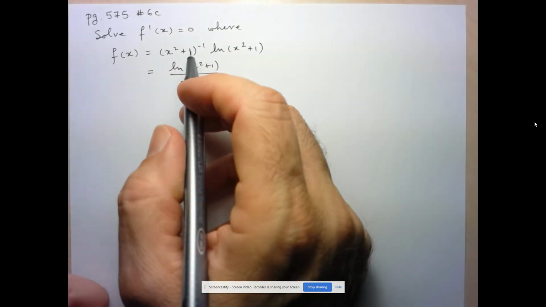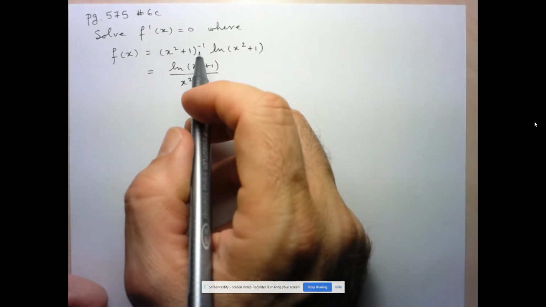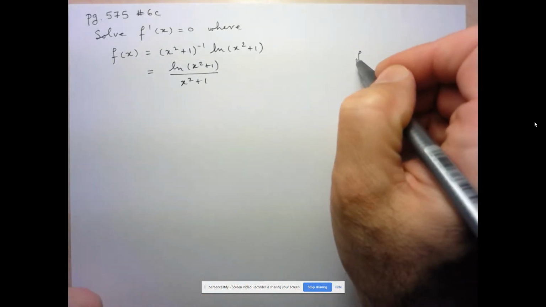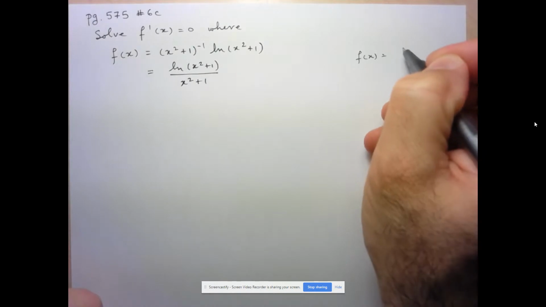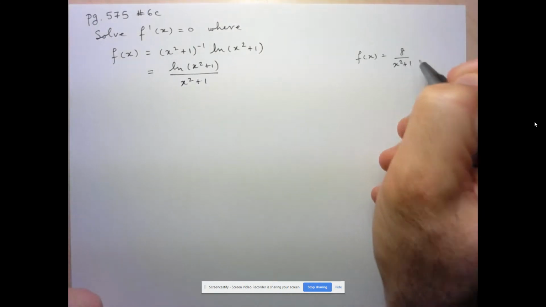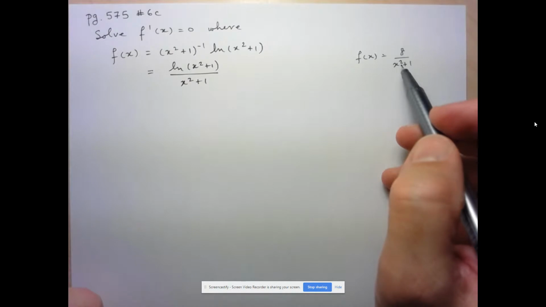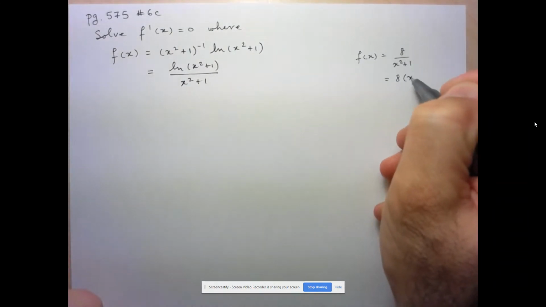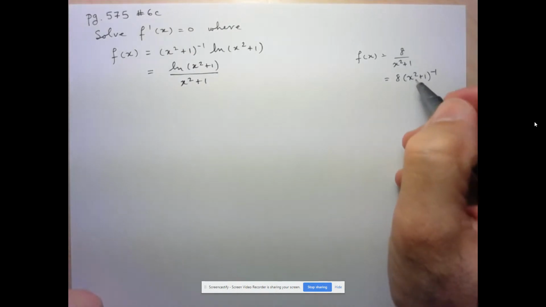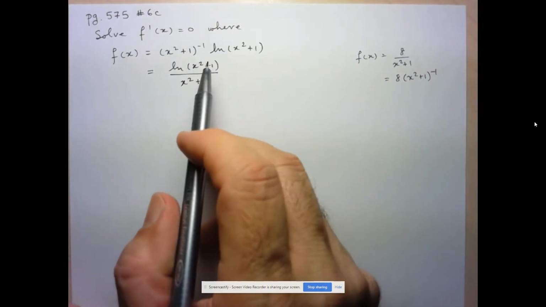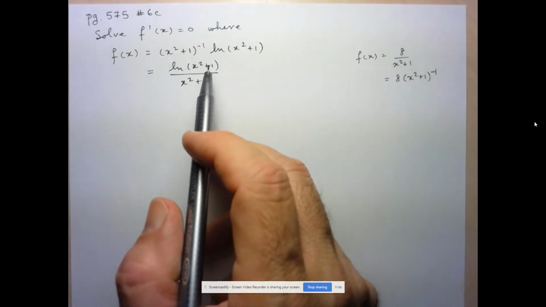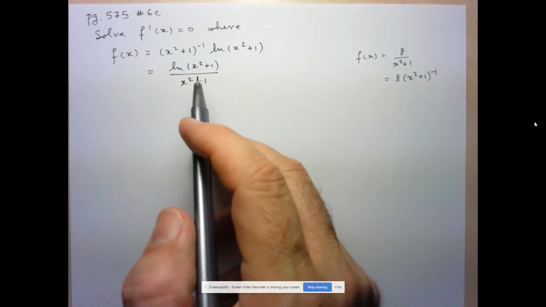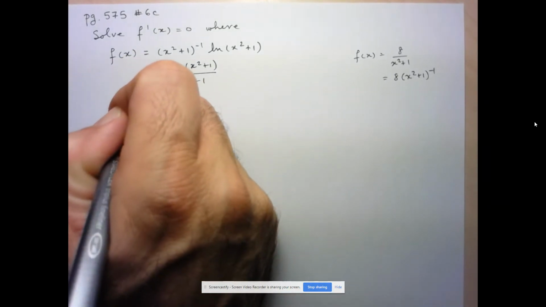The only time you should really be doing something like this is if you have, as an example, a reminder, if you have f at x equals 8 over x squared plus 1, it doesn't make sense to use the quotient rule, but to rewrite this as 8 times x squared plus 1 to the -1, and then use the chain rule. But in a circumstance like this where you've got two functions, usually better to write it as a quotient. All right, so now that I have it in this form, I'm going to take the derivative.